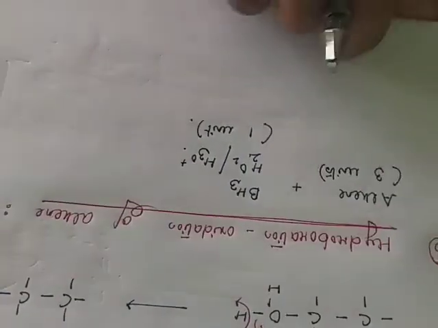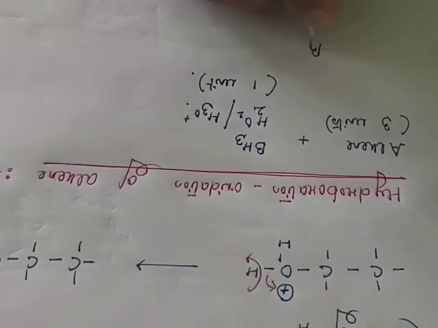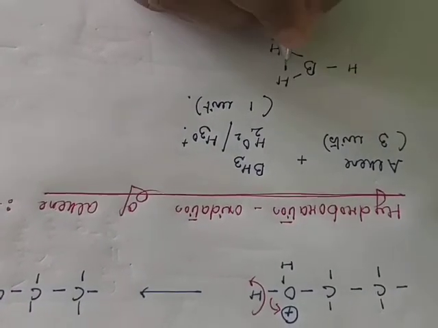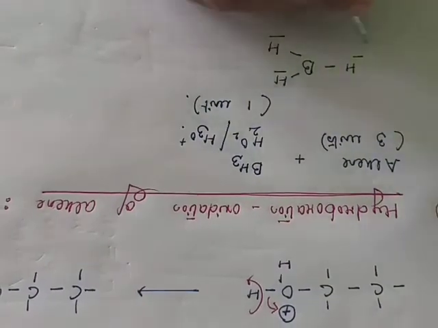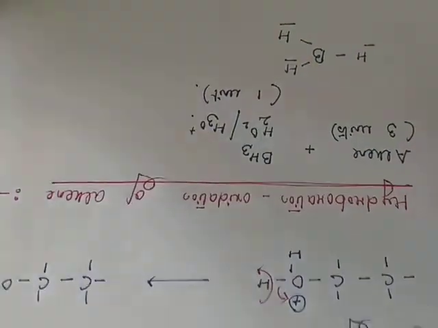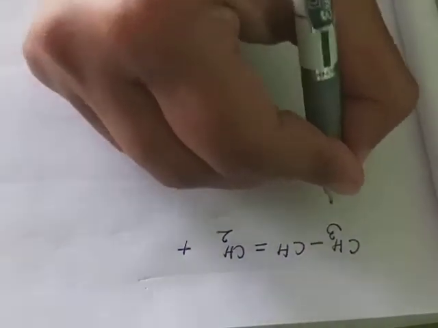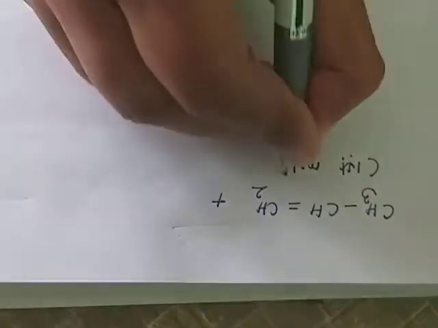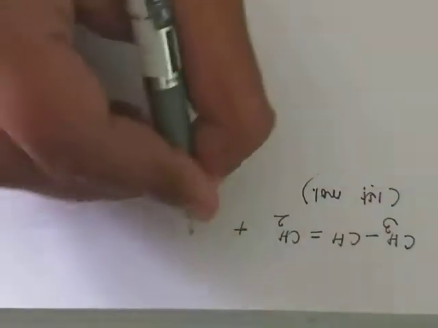So hydroboration means borane, BH3. These 3 hydrogens are replaceable and consequently attack the pi electron cloud. Let's see how the reaction is taking place. This is the first molecule of unsymmetric alkene.